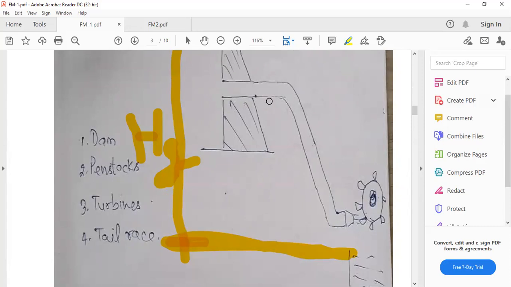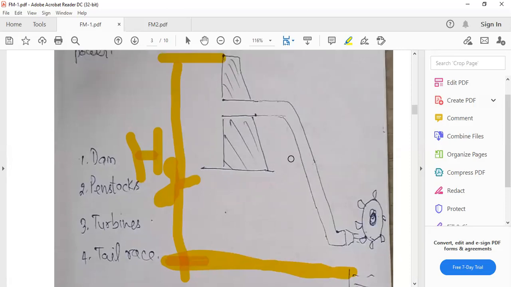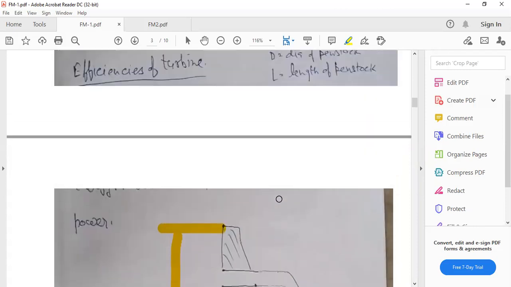Okay, some head is lost to overcome the friction. So the net head becomes equal to Hg, that is gross head minus friction head. You can see that some of the head is lost in working against friction. So that head is known as friction head loss.